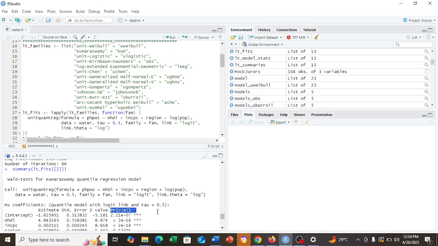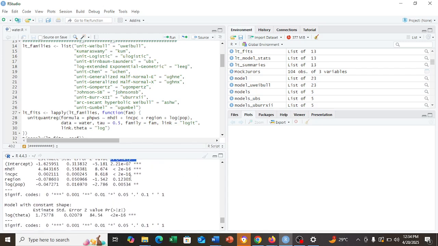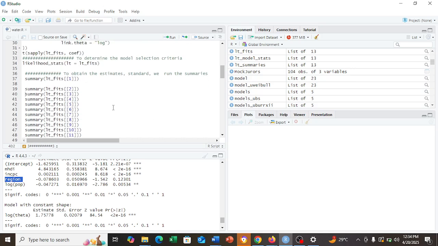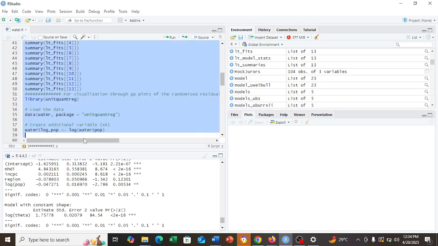These are the p-values. Again, for the Kumaraswamy, all parameters are significant except the fourth covariate that is not significant.